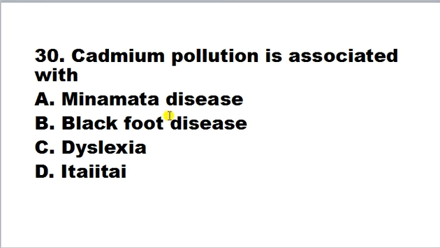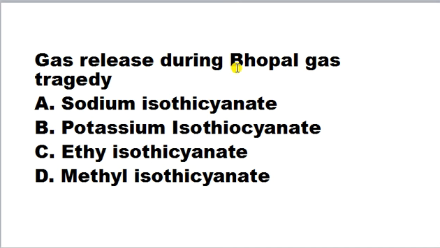Cadmium pollution is associated with Minamata disease, black foot disease, dyslexia, itai itai disease. So cadmium pollution is usually associated with cadmium pollution in water, and this leads to itai itai disease, and in this disease the weakening of the bone and fracture occurs.